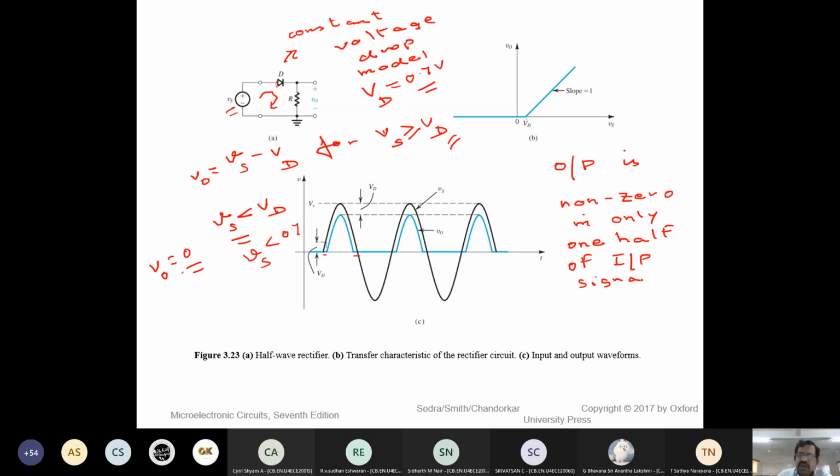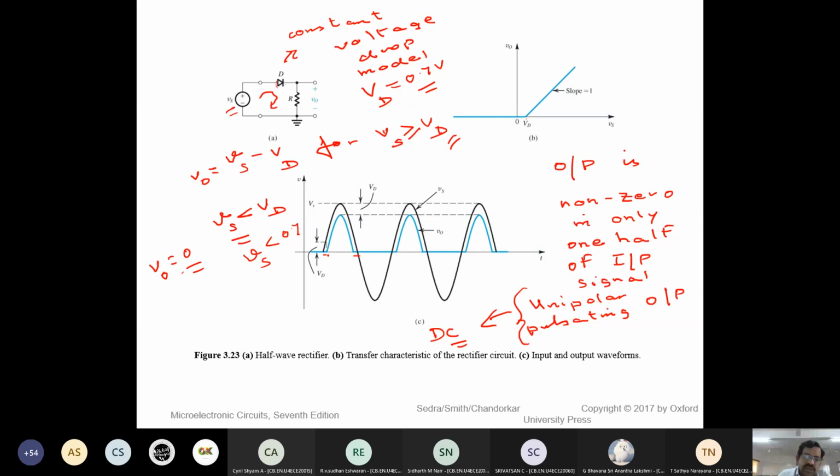What have we achieved? We have achieved a unipolar pulsating output, which means we have got a DC. Although this is not the ideal DC we may require, we may have to put this signal. So the black one is the input.